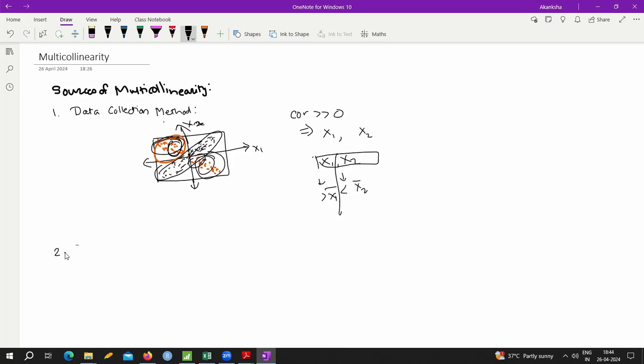Okay, the second reason for multicollinearity is constraints on the model or in the population. So sometimes my model itself might have some constraints, or the population.